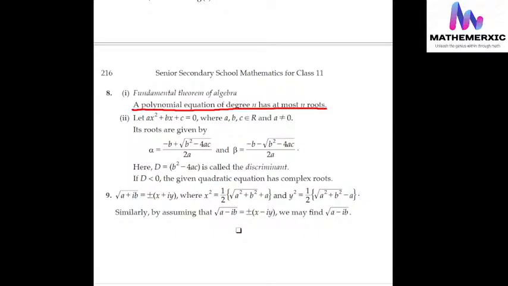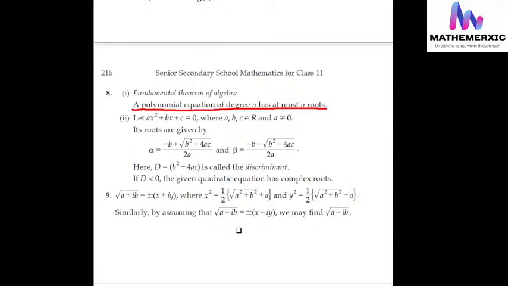The root of a plus ib is equal to plus minus x plus iy, so under root of a plus ib is equal to plus minus in bracket x plus iy, where x square is equal to half in bracket under root of a square plus b square plus a, and y square is equal to half in bracket under root of a square plus b square minus a.